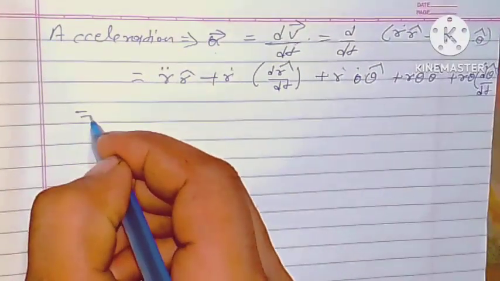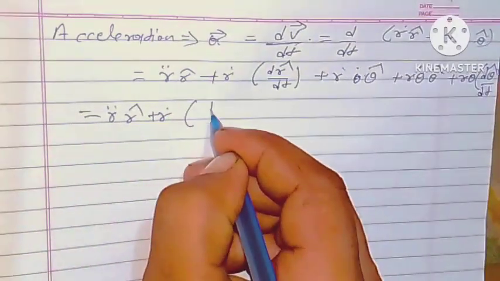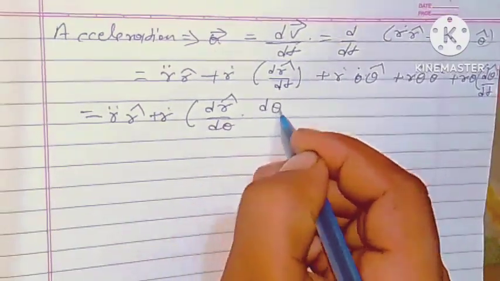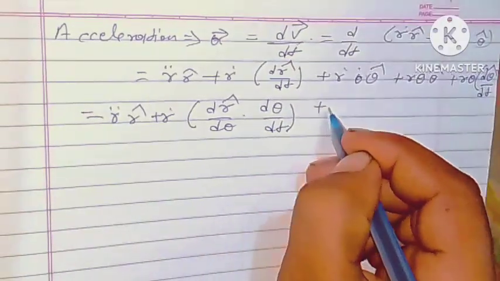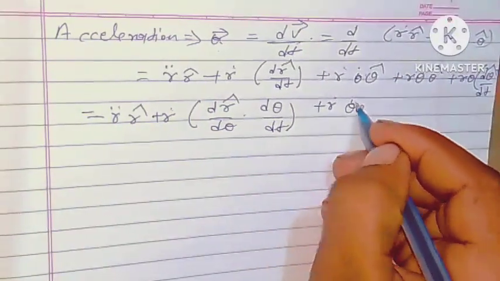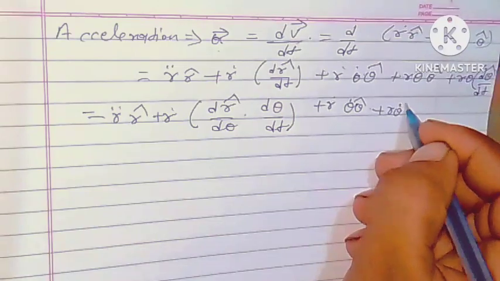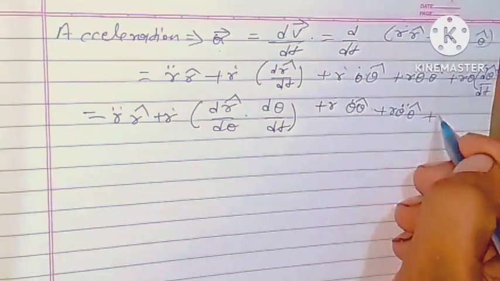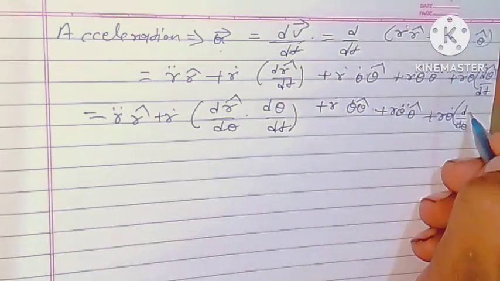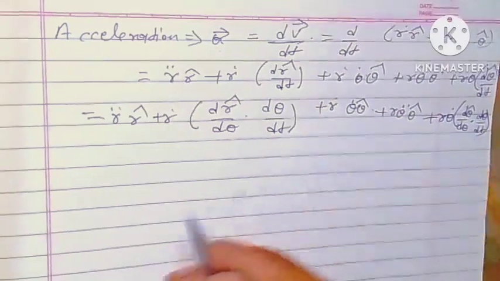That is, double derivative of r unit vector r plus derivative of r, d unit vector r upon d theta into d theta by dt, plus derivative of r, derivative of theta unit vector theta, plus r double derivative of theta unit vector theta, plus r derivative of theta, d upon d theta of unit vector theta into d theta by dt.